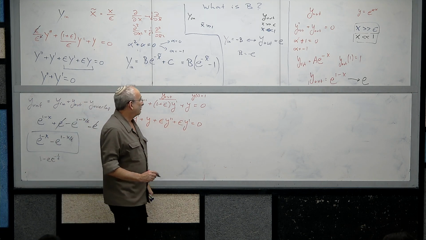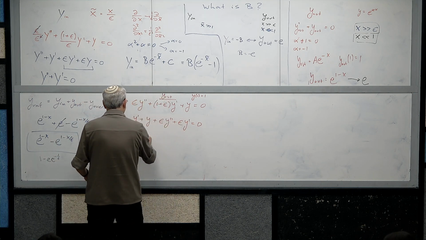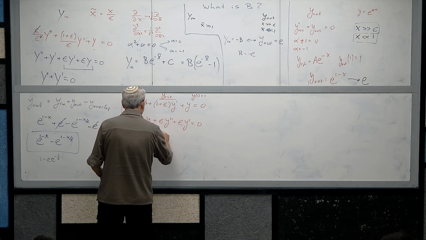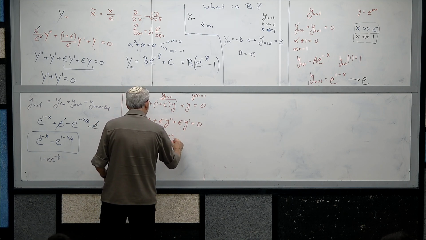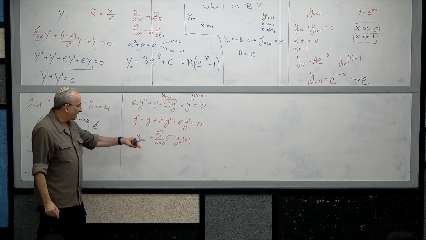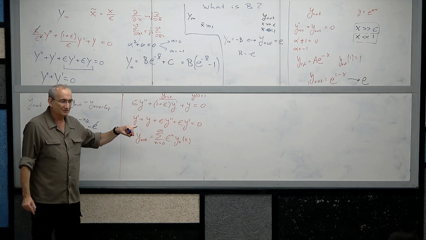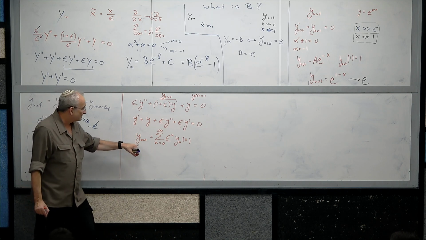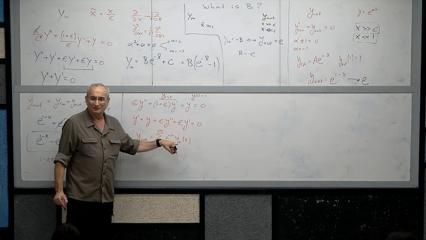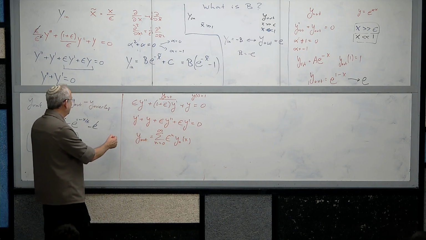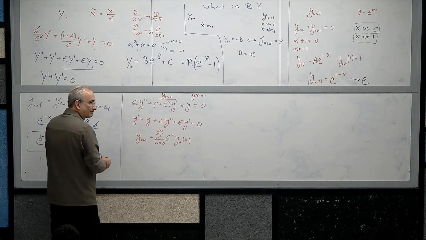So now I assume that y out is a sum from n equals 0 to infinity of epsilon to the power of n, y_n of x. Again, this y_n is y_n out. That's why I'm not writing out, because it would be too cumbersome. I can now analyze it order by order.